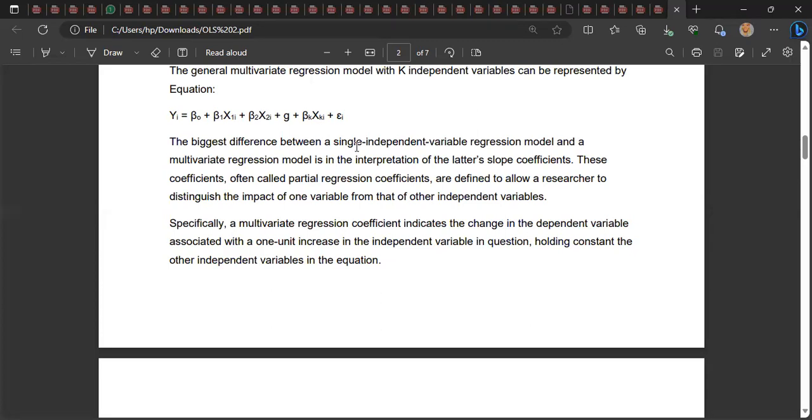You interpret the slope coefficients here as the change in the dependent variable associated with a 1 unit increase in the independent variable in question, holding the other independent variables in the equation constant. So we are assuming that these other ones don't change, right? So we are talking about a change in one variable.